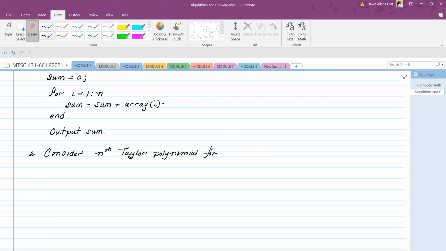Cosine is not even, sine is even. Okay. Sum i equals 0 to n of -1 to the n x to the 2n divided by 2n factorial.